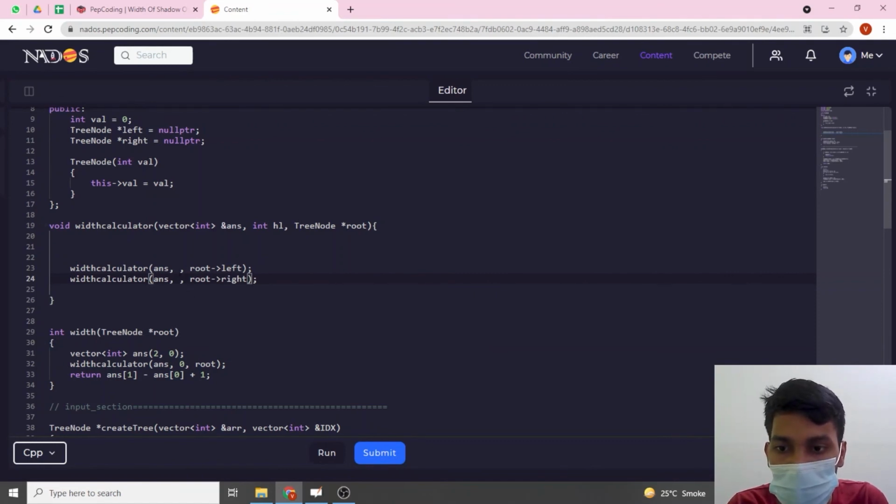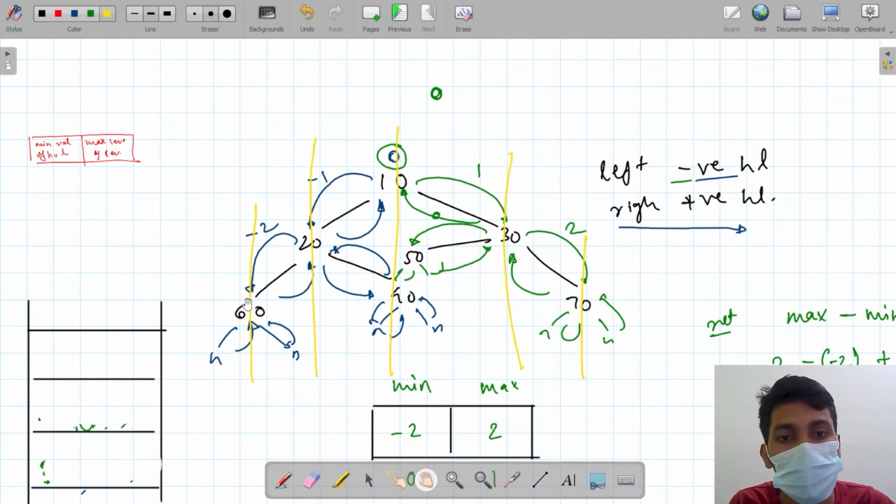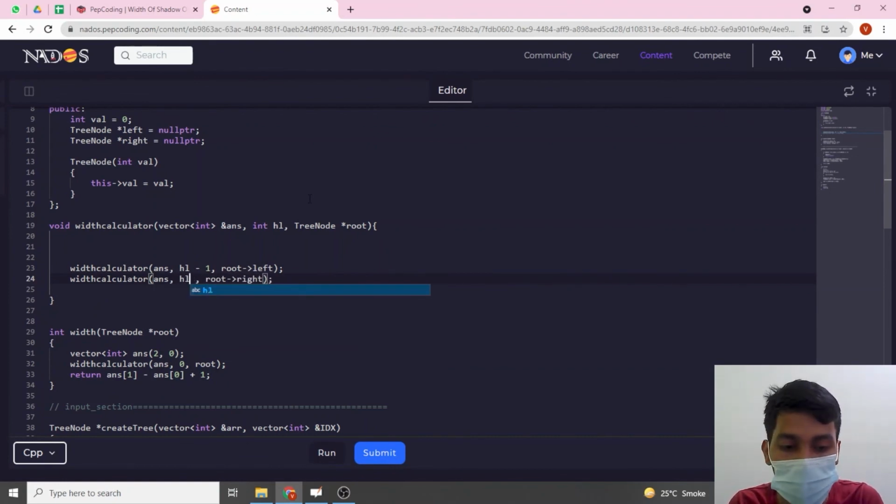Now for the left call, what will the horizontal level be? We have already discussed that when we make the left call, we reduce the horizontal level. So I am doing that: I reduce my horizontal level by 1, and similarly when I make a call to the right side, I increase my horizontal level by 1. I hope this was clear to you all.